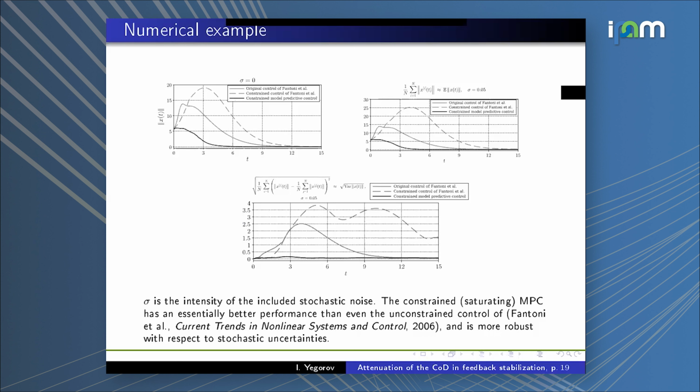For analytical controls, yes, they can be implemented very easily. We don't have to compute anything. We just have those analytical expressions and we can evaluate them very fast. The corresponding trajectories are drawn in gray.